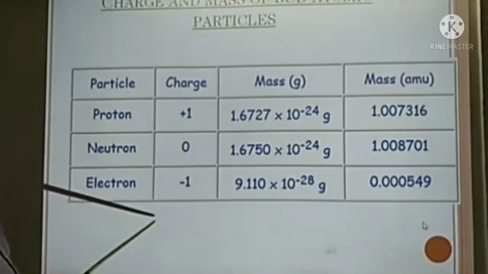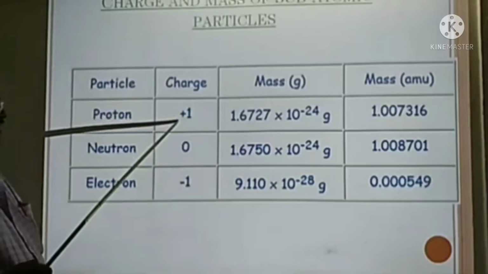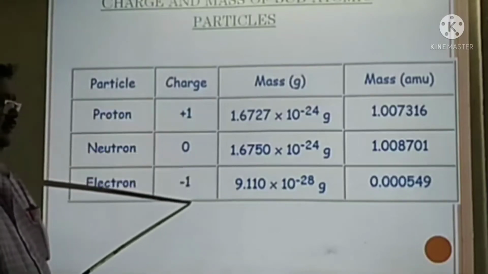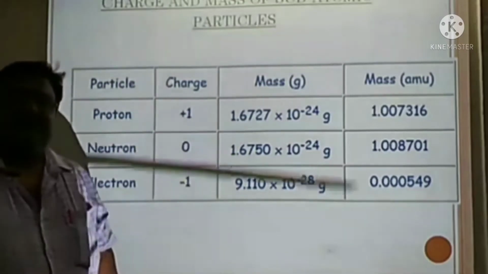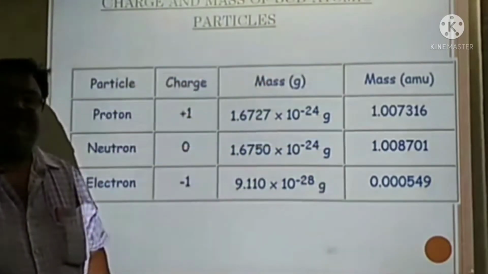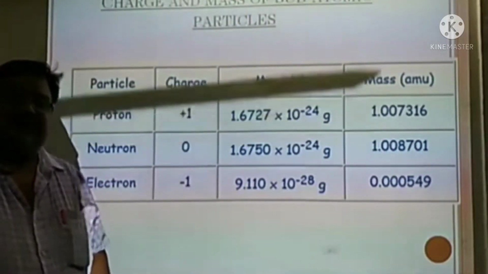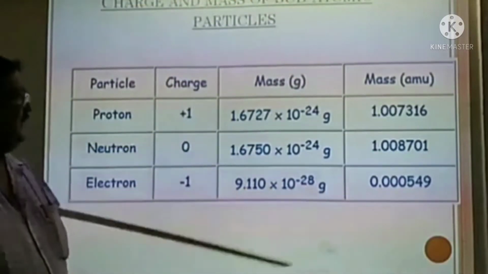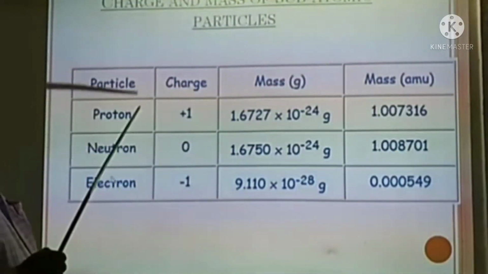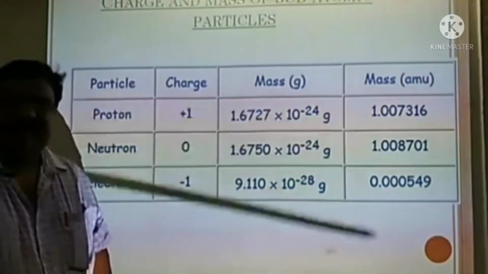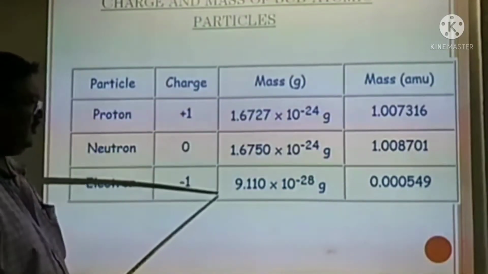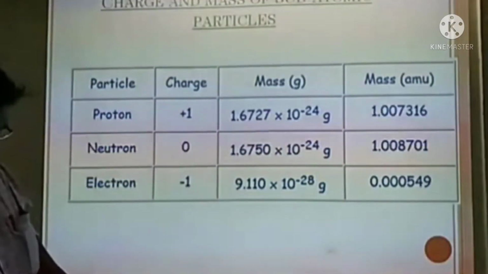Now their relative charges: this is plus 1 charge, this is 0, this one is minus 1 charge. And if you arrange these subatomic particles in the decreasing order of their masses, then the heaviest particle is your neutron, then proton, and finally electron, which is of negligible mass. उनका बहुत कम मास होता है.